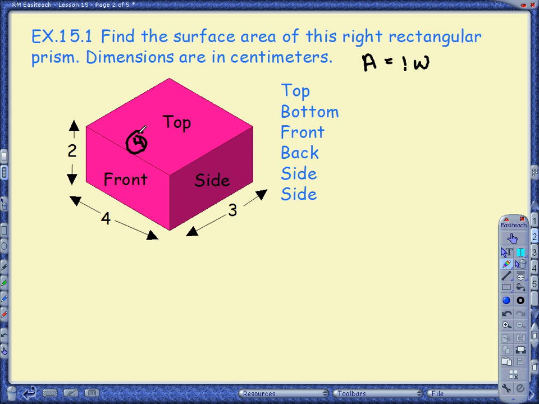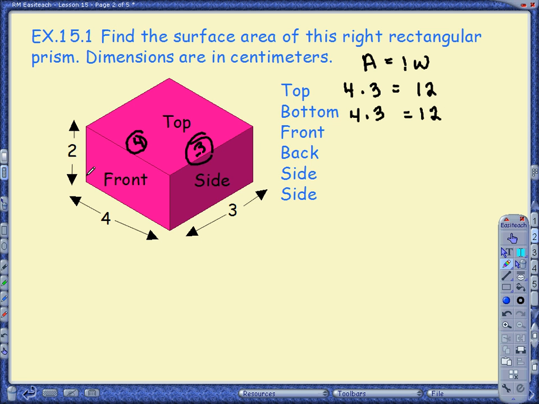This has to be 4 because opposite sides in rectangles are equal. This is an opposite side, so this has to be equal to 3. So when I do the top, I'm going to do 4 times 3 equals 12. And the bottom is exactly like it, 4 times 3 equals 12.